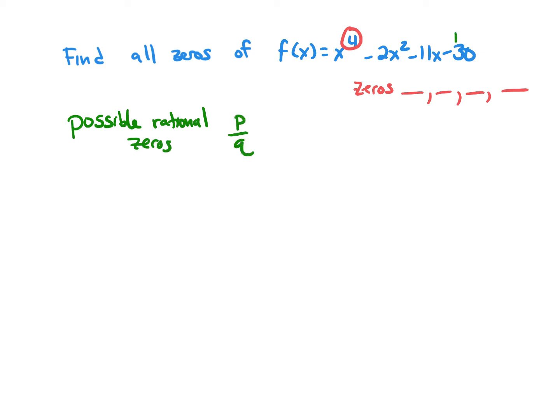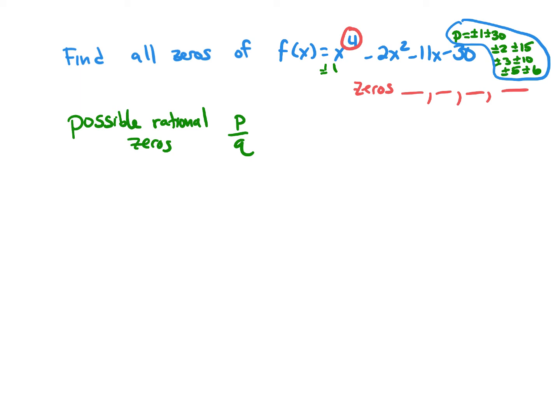Now p in this case is 30, so there's lots more factors, lots more things multiplied to 30: 1 and 30, 2 and 15, 3 and 10, 5 and 6. I think that's everything that multiplies to 30. And then for the number in front again, it's just 1. So when I'm making my list, I'm going to take all of these, and you've got to be careful when you're taking ALEKS quizzes, because sometimes it'll say just possible roots.